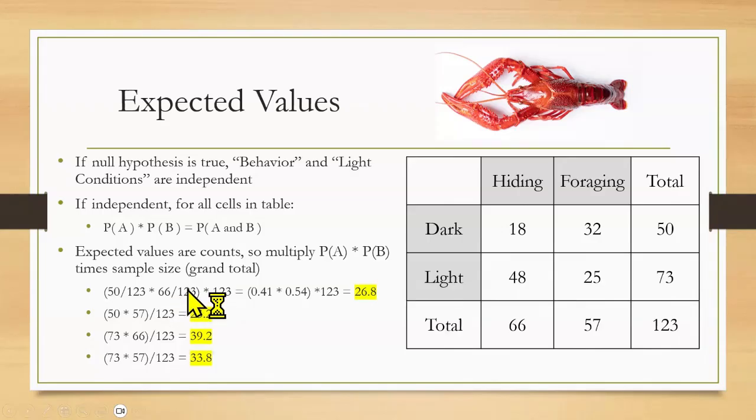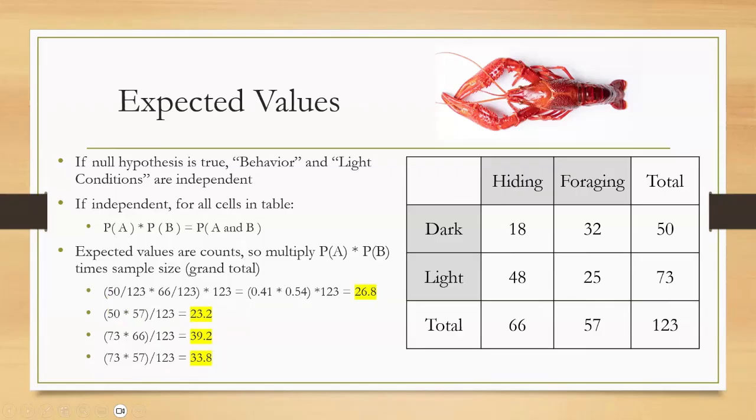Make sure you see that. What we end up with is 50 times 66 divided by 123. So there's a simplification of this. You don't have to actually do the probabilities and then multiply them together and multiply times 123. There's a calculation shortcut.